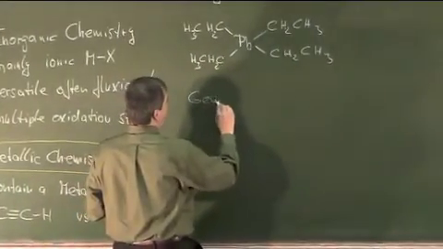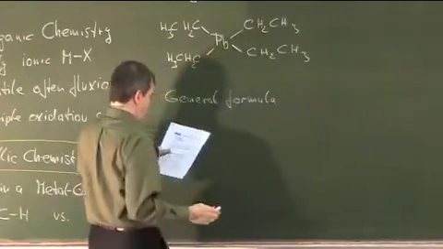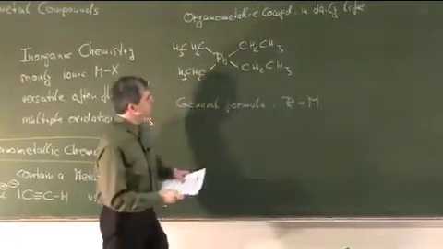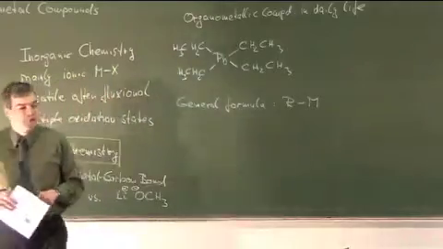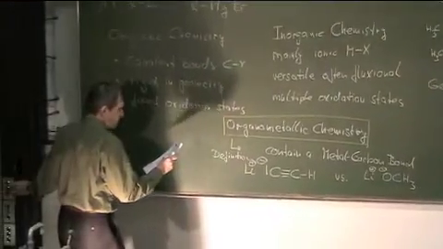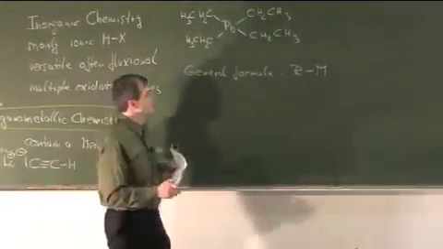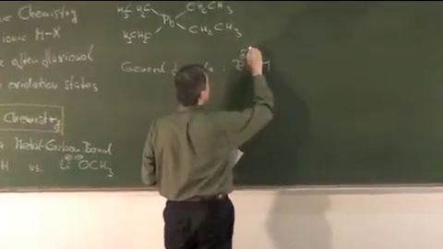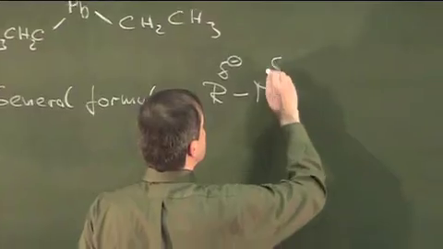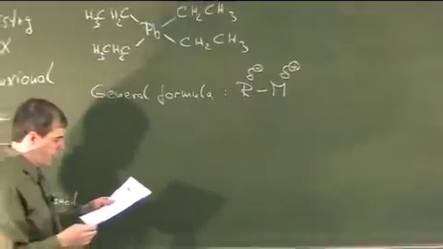As I already pointed out, the general formula for the organometallic compounds, I will use the letter R as a generic abbreviation for residue, M for metal. And the key feature of these organometallic compounds is their polarity, in that the carbon bears a partial negative charge, and the metal, of course, is the positive center here.